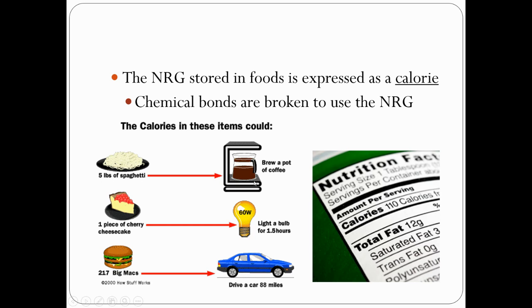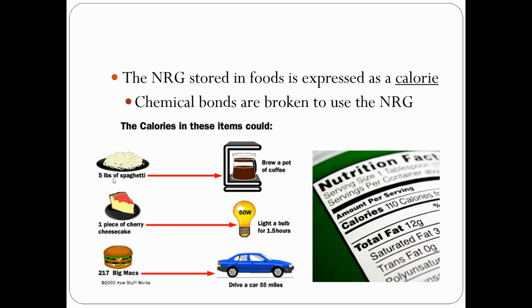Okay. But this is pretty interesting. The calories in these items. So if you could take the energy levels of the food that is stored in this food, okay, the energy stored here in 5 pounds of spaghetti, which would be about 5 standard boxes of spaghetti that you have in your cupboard. That'd be enough energy in there to brew a pot of coffee.